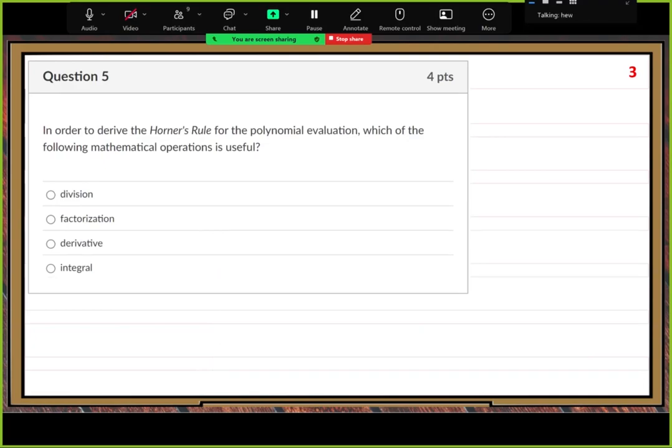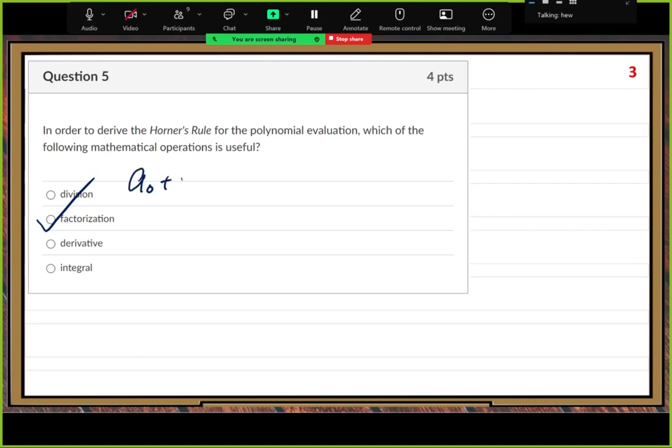Number 5, in order to derive Horner's rule polynomial, which of the following mathematical operations is useful? Factorization. Right? So you can see the key to the success is a special factorization.